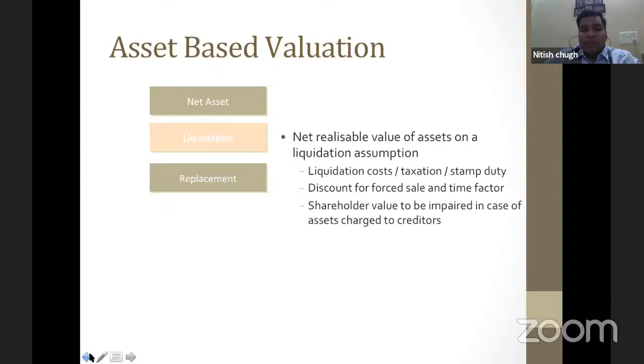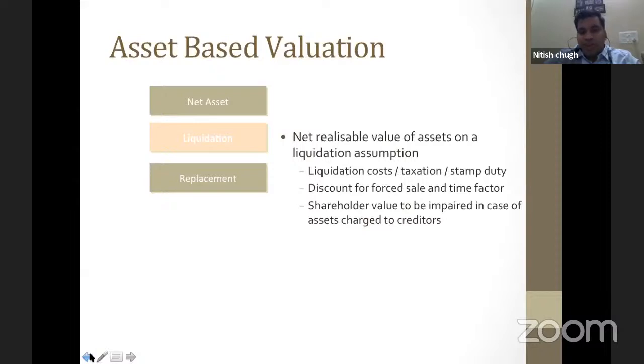In case of many of the entities, those who have been part of IBC, the investor value or the promoter's value has been reduced to zero because they are not being paid anything. Whatever promoters share has already been pledged to the bankers. Bankers are not going to get their entire money, so nothing is payable to promoters.